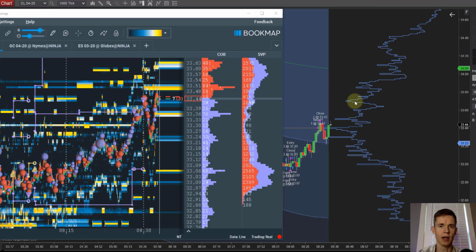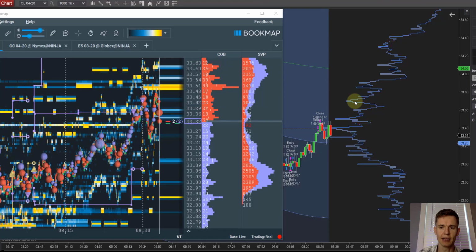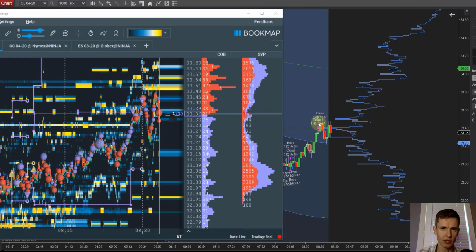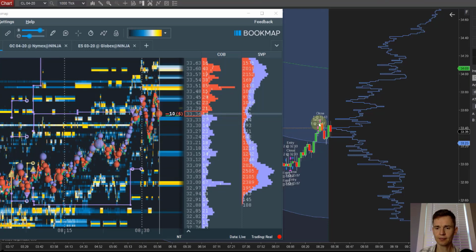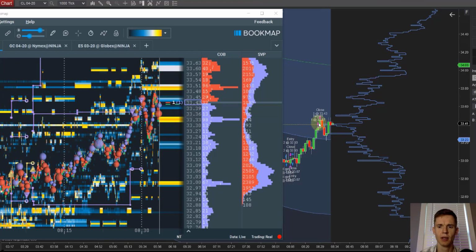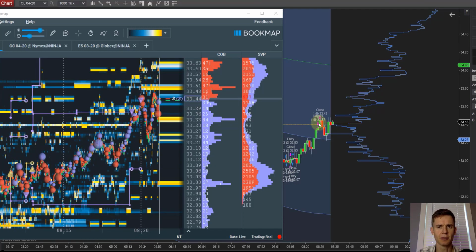If I'd held on for a really long time, I would have profited more, but I felt pretty good about the fact that I got out at the high before the pullbacks started. I don't want to be sitting through 30 minutes of a range going on. So I was pretty happy where I got out, and that was the trade for the day.